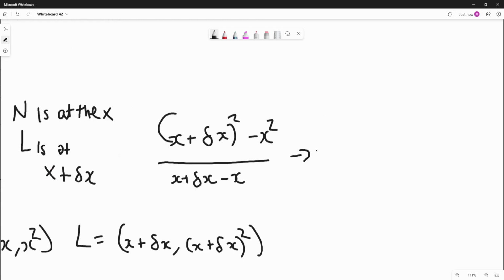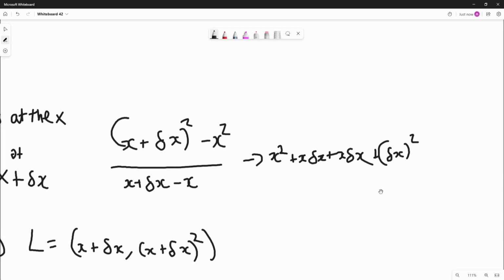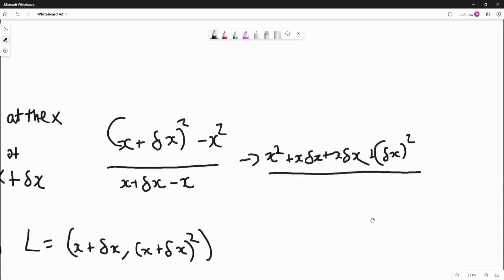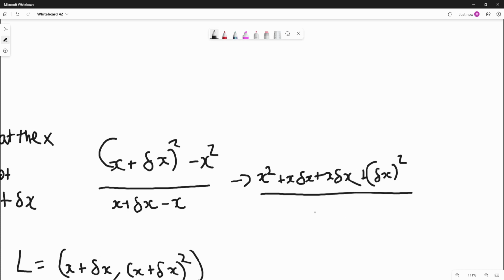We get x squared plus 2x delta x plus delta x squared, minus x squared, all over delta x.